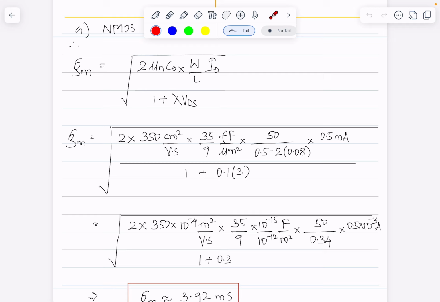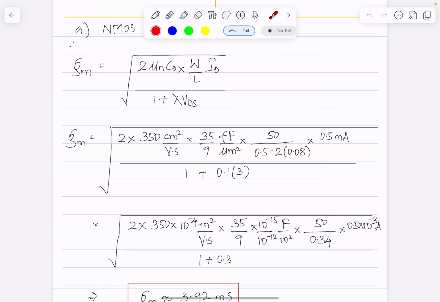Now going ahead and substituting the values, we have 2 times mu n for the NMOS, which is given as 350 centimeters squared per volt second, and Cox is 35 over Tox. Tox for NMOS is given as 9 nanometers, so it's 35/9 femtofarads per micrometer squared.